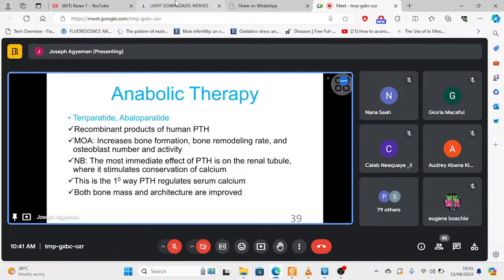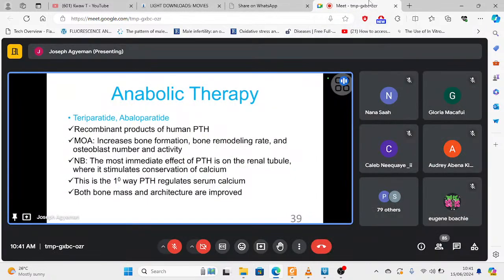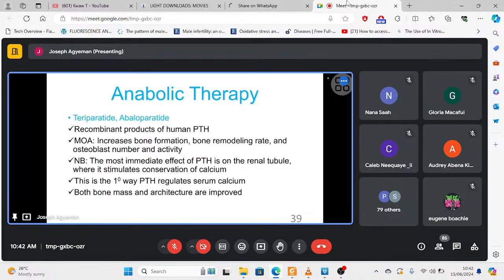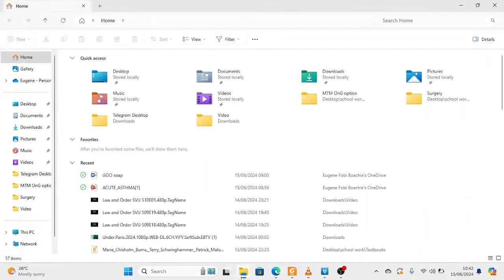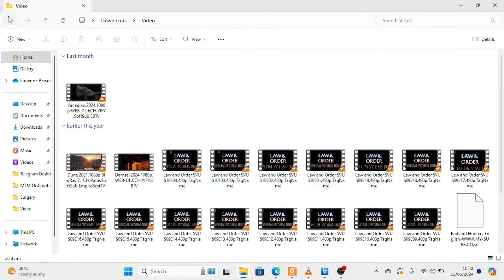How do they work? Though they have the structure of parathyroid hormone, they don't work like parathyroid hormone by causing osteoclastic activity. No, they don't do that. They rather do the opposite. They rather increase bone formation, bone remodeling rate, and they also help increase osteoblastic activity.